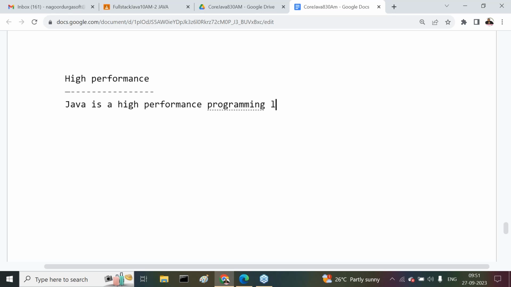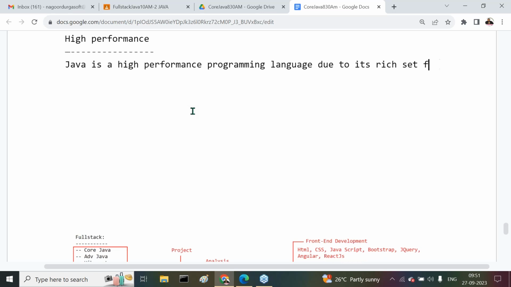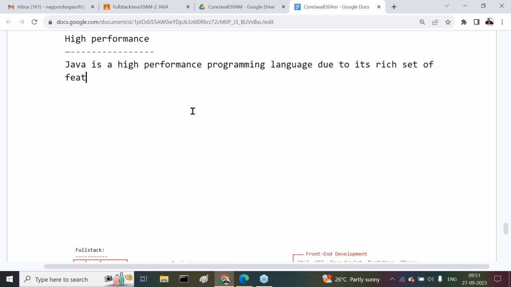Java is a high performance programming language due to its rich set of features. Guys, understand my point. Like, what are the various features now?